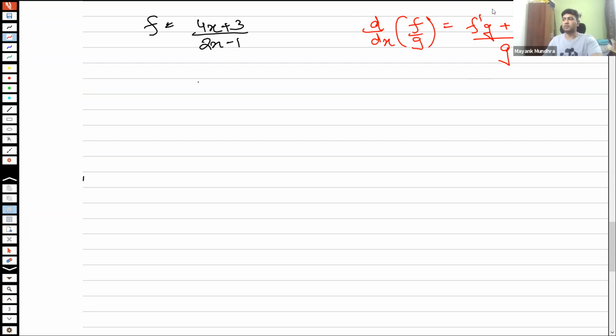Okay, this is not power 1, this is prime differentiation. So yeah, with that in mind, what is going to be the derivative of f?